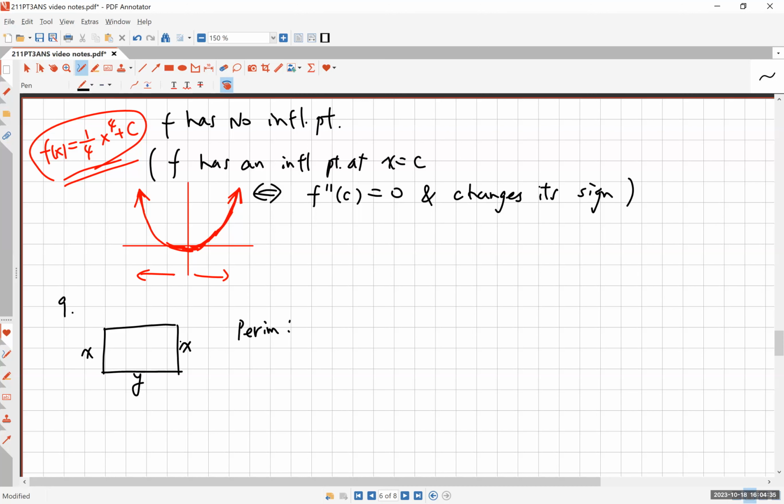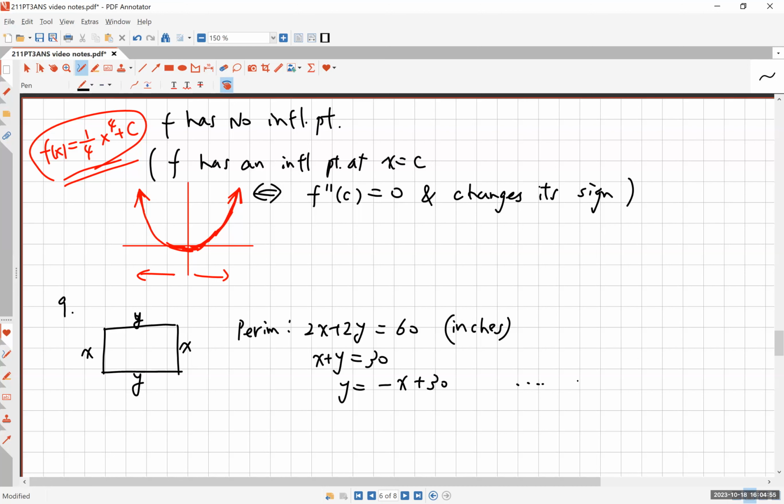What's the perimeter? Well, you have 2 x sides and 2 y sides, so it's 2x plus 2y. That's the perimeter of this rectangle, and that's 60 inches. And that means x plus y is 30, so y is 30 minus x.